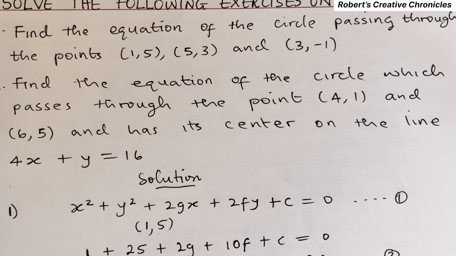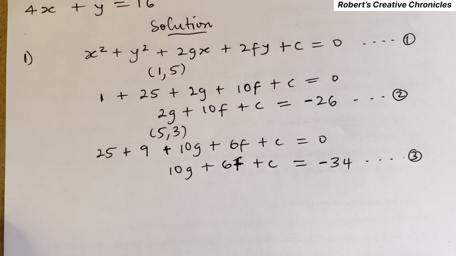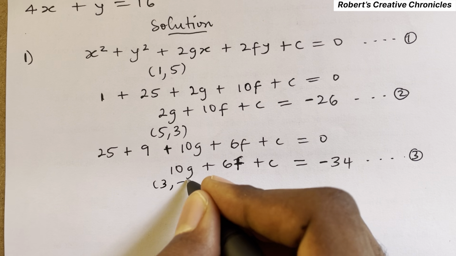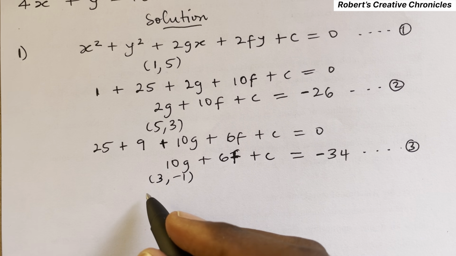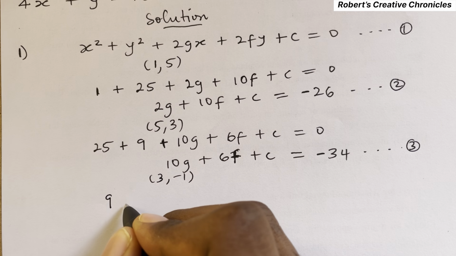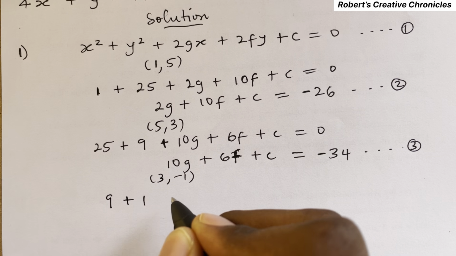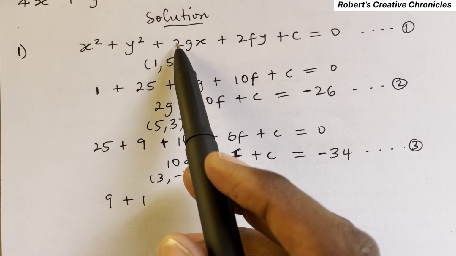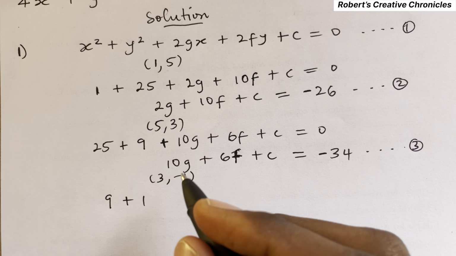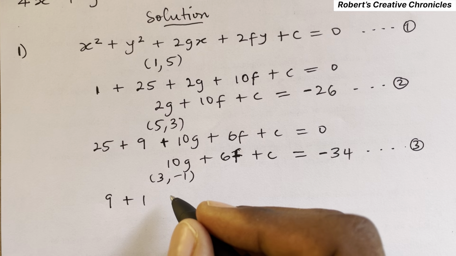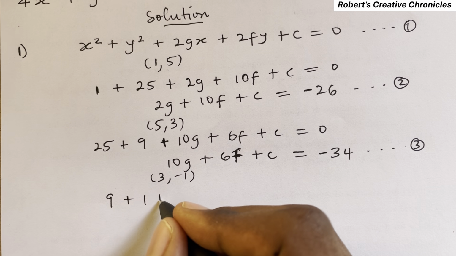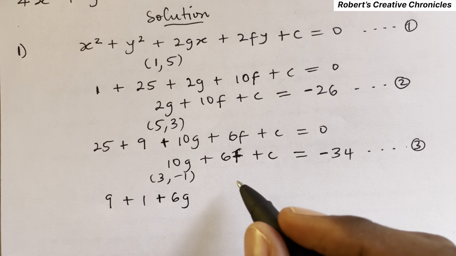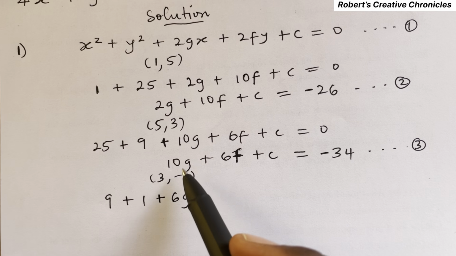Then finally, we'll substitute 3 and negative 1. This becomes what? 9 plus 1. Then 3 times 2 is what? Is 6g. Then this is negative 1.